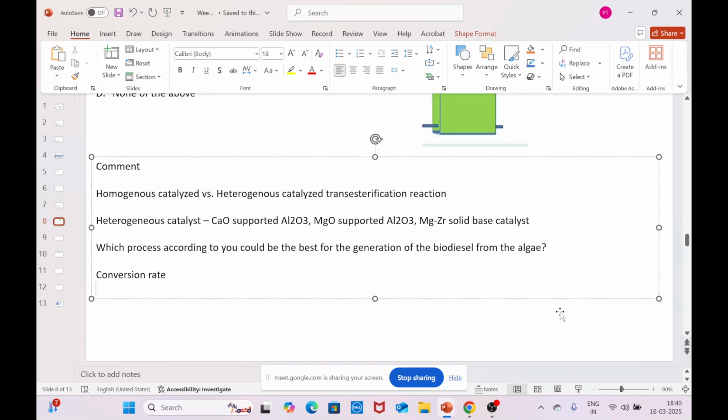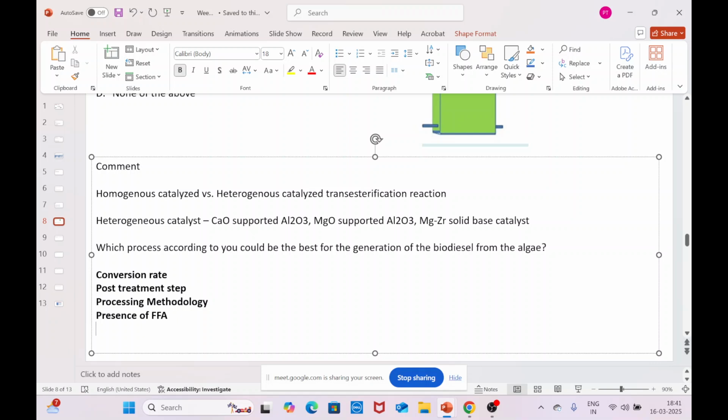Next is the post treatment step, processing methodology, presence of free fatty acids, catalyst reuse, cost.